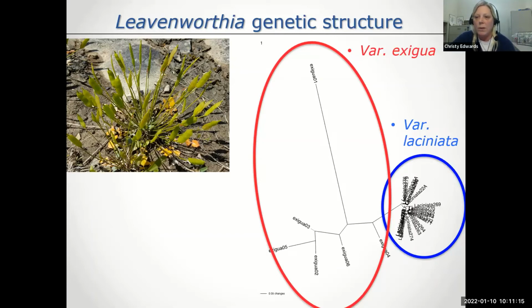The way that you interpret these is that each one of those branches represents a population, and there are 24 individuals that we sampled within that population. And then the branches are proportional to the similarity among populations. So populations that are closer to each other are more similar. As you can see in variety exigua, you see relatively large branch lengths separating the populations.